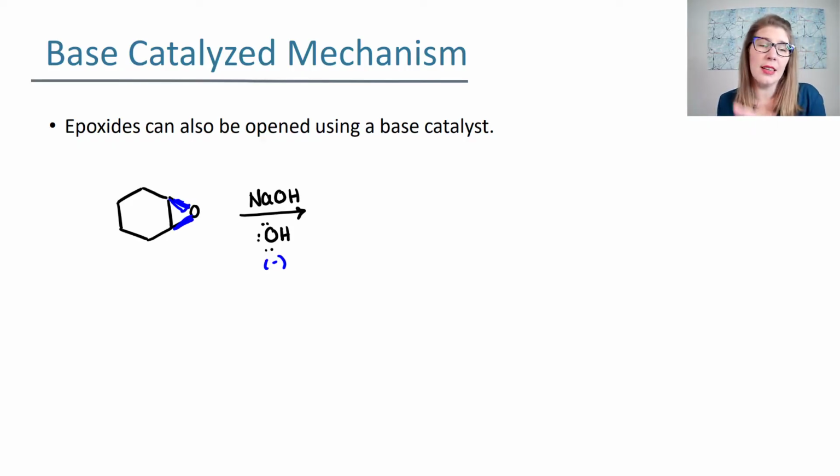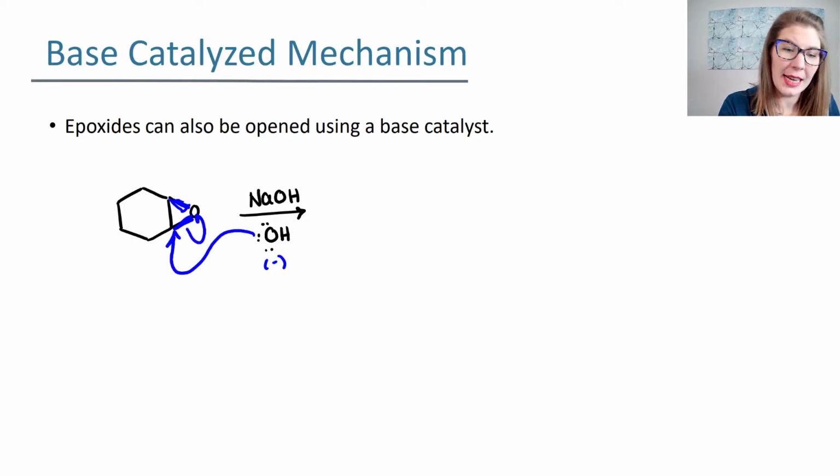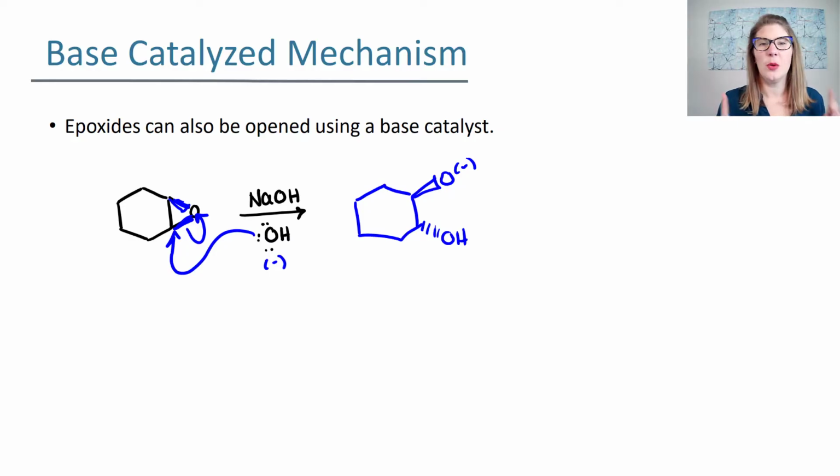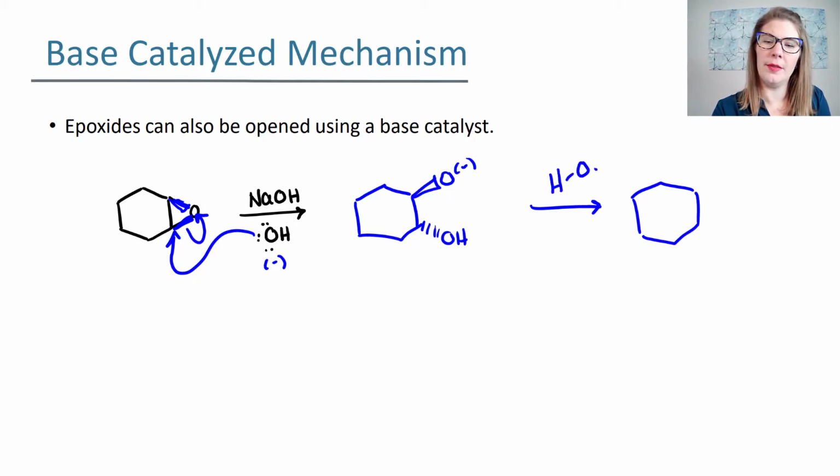Now your base is going to come in and attack the back side, just like how we saw the water attacking the back side. And what will happen is now we'll end up with an O- and an OH. So in a separate step, we need to add some water so that we can have this O- become protonated.